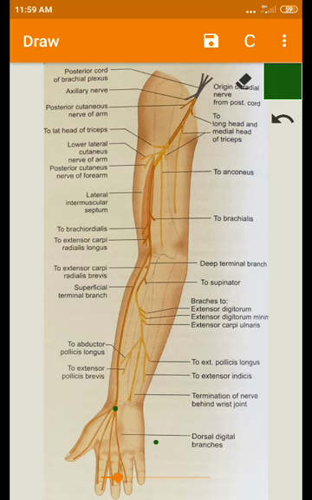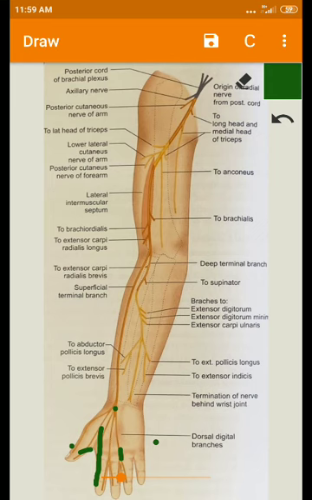The superficial branch which enters into the dorsum of the hand is divided into 4 or 5 digital branches. So 2 branches to the thumb, medial side and the lateral side, and the second branch is given to the lateral side of the index finger, and the remaining 2 are going to divide into 2 slips each.